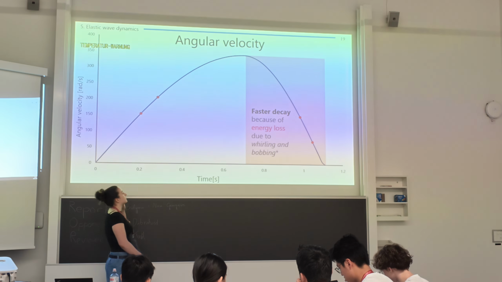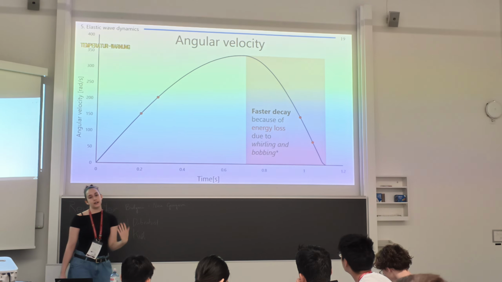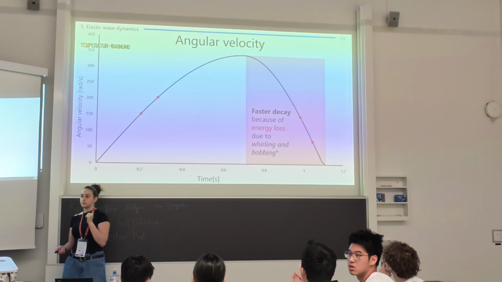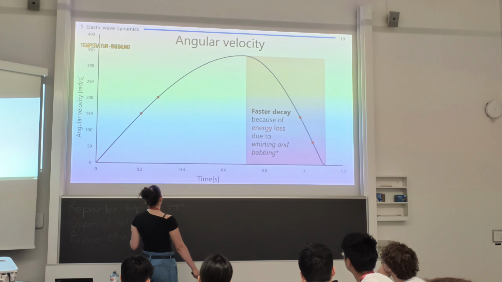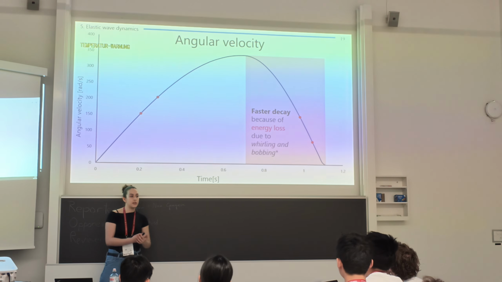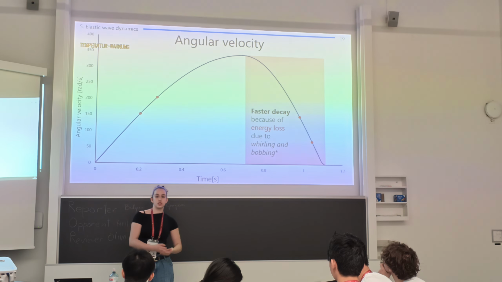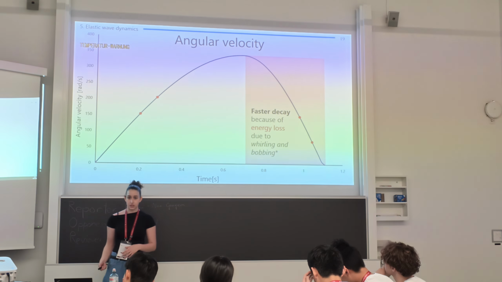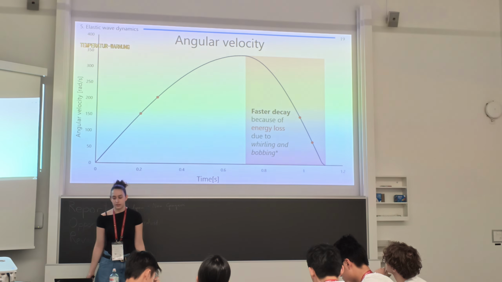The 4 red points are in fact experimental, and we can also see that the decay from one point to the other is different, because we have more energy losses. The first time, when the ball is winding up and the angular velocity goes up, we have more modes, and we also have transitions. More transitions mean more vertical motion, which means more energy losses.